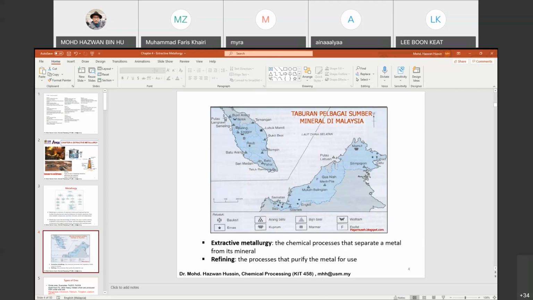You see the bauxite color is reddish brown. Bauxite is very rich with alumina and also iron oxide. So bauxite is the raw material to produce aluminium. And refining is the process that purifies the metal for usage.